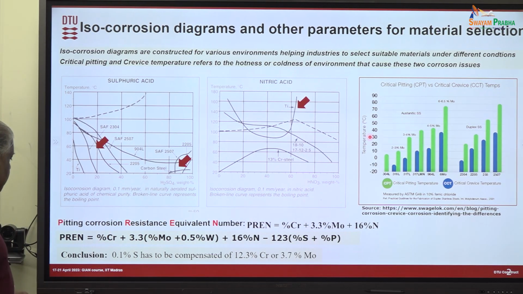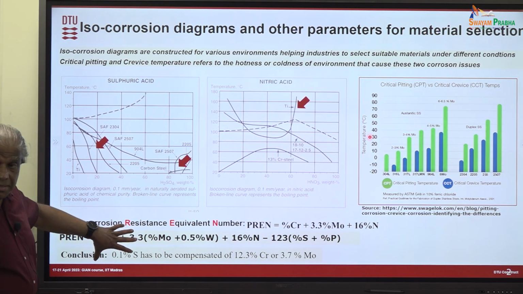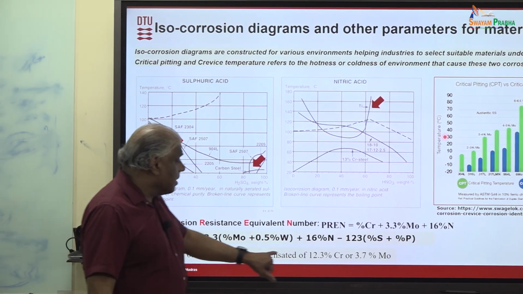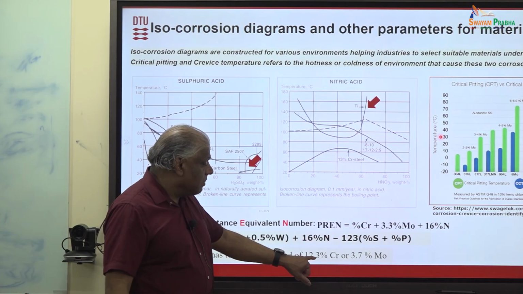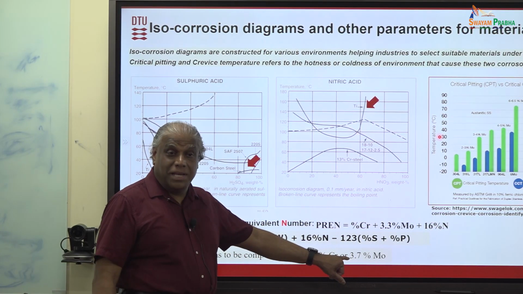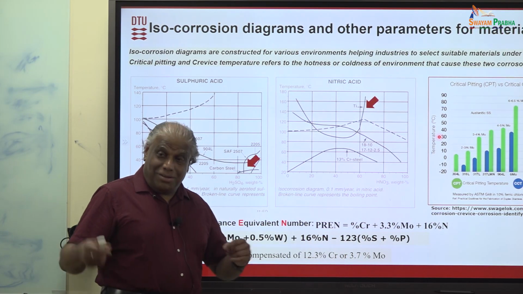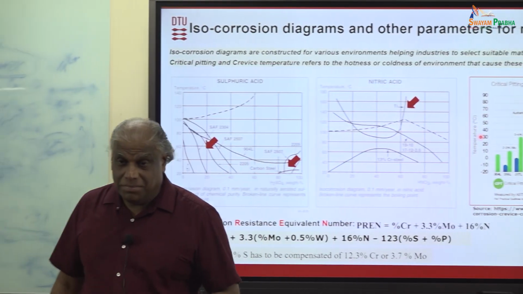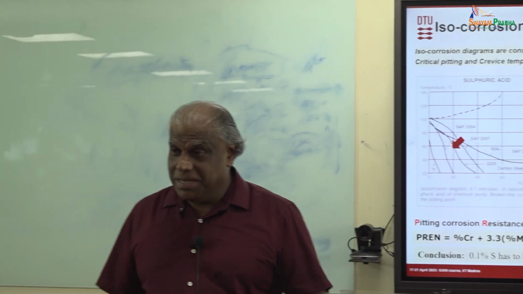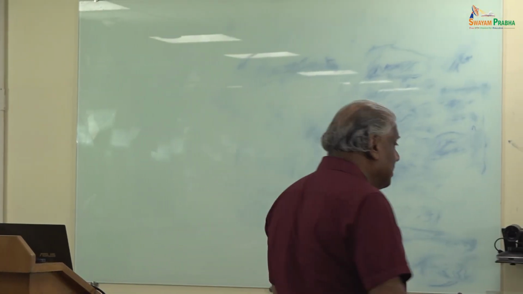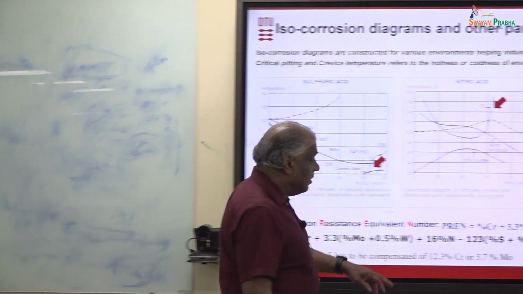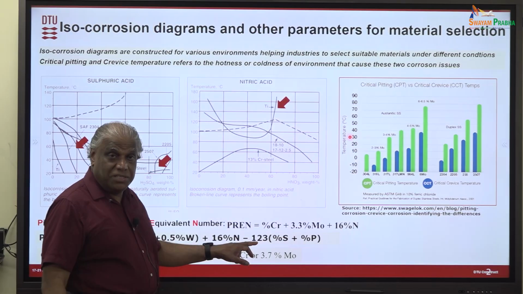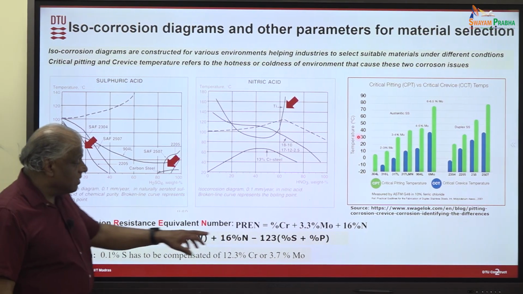So I made a statement here that corresponds to this equation. You can see that 0.1% sulfur has to be compensated with 12.3% chromium or 3.7% molybdenum. On the other hand, we always see that sulfur content in the steel is a problem because of manganese sulfide inclusion formation and things like that. So how sensitive the pitting is to sulfur, you can see because this coefficient is very high compared to the other coefficients.